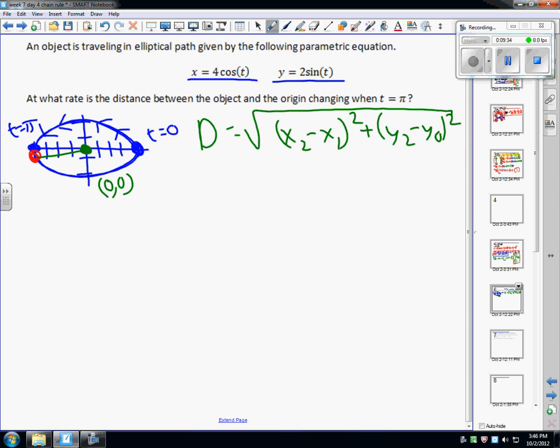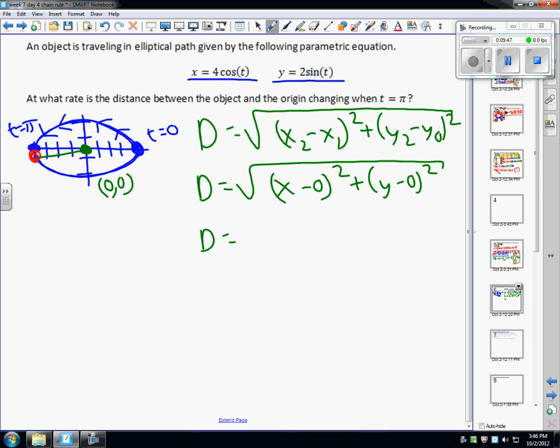So really right now my distance is the square root of x minus 0 squared plus y minus 0 squared. Or simpler yet, I have that. Now, the whole question says at what rate is the distance between the object and the origin changing? So I'm asking for dD over dt.